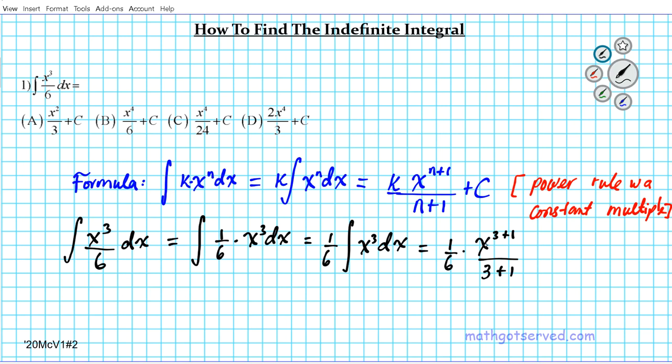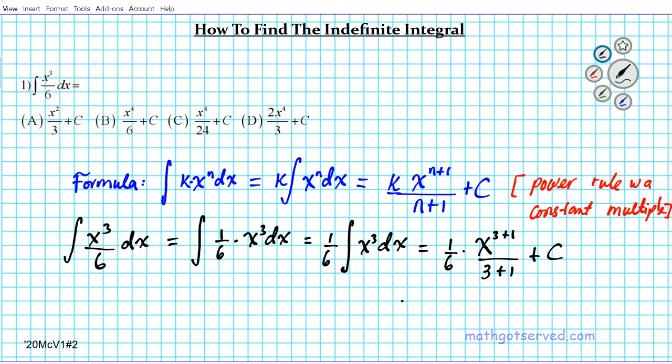Now there's something missing. Do you see what's missing? Anytime you evaluate the indefinite integral, you always want to add that c component there. That's very important. So plus c. Now we're going to go ahead and simplify our equation, make it look pretty.